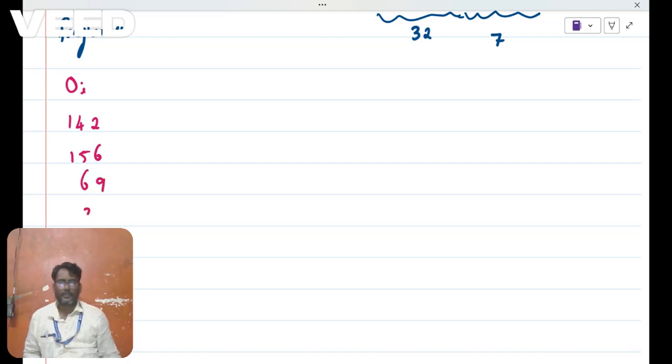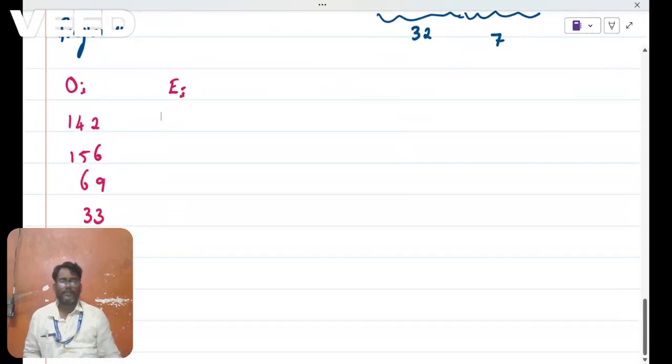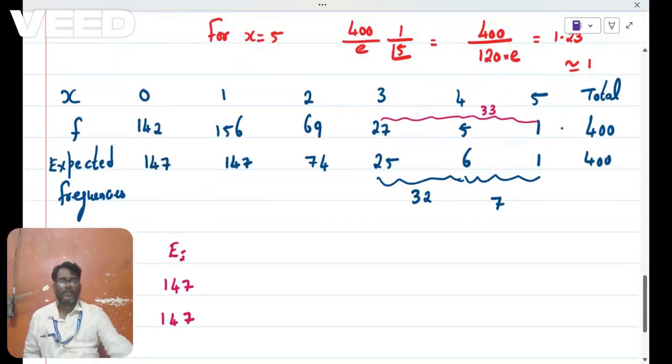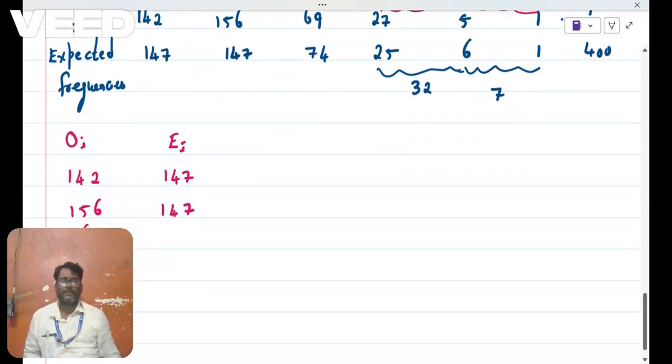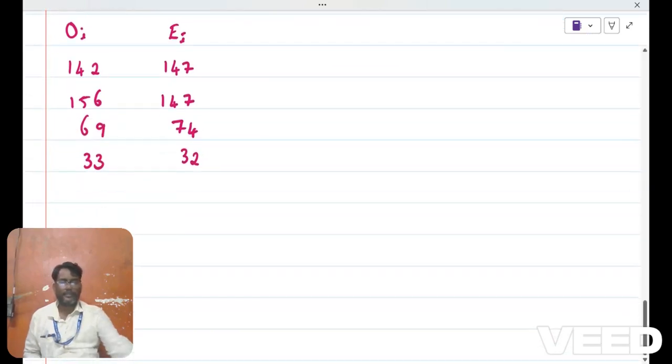Now their corresponding expected frequencies are 147, again 147, 74 and 32.